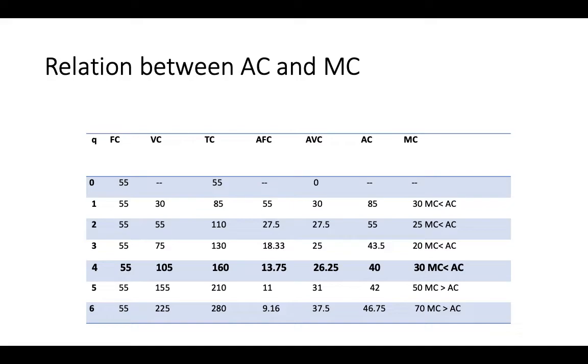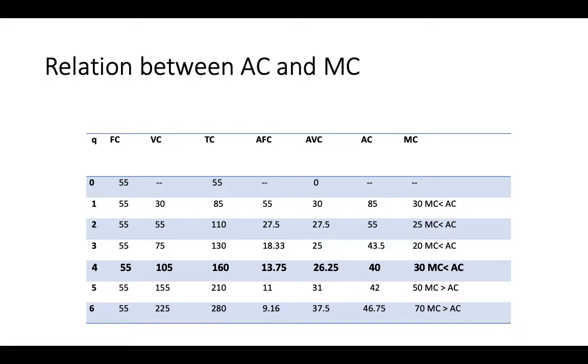So the producer will restrict production to the fourth level of output, where marginal cost is less than average cost. We consider this as our cost minimization point.